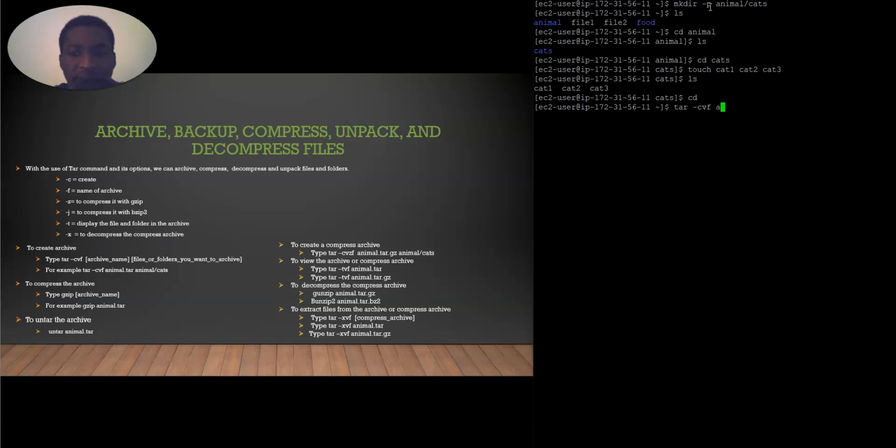You name this animal.tar, and the directory that we're gonna archive will be animal, and everything in it. And you list out, you can see that the archive is created.